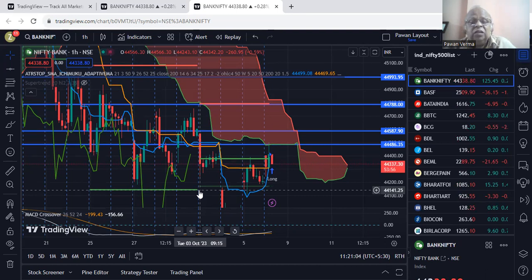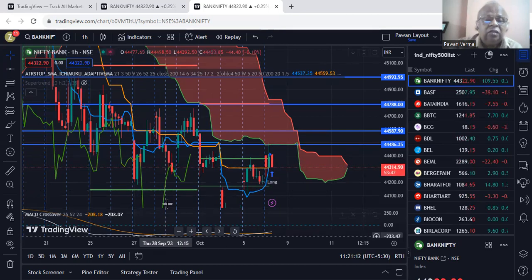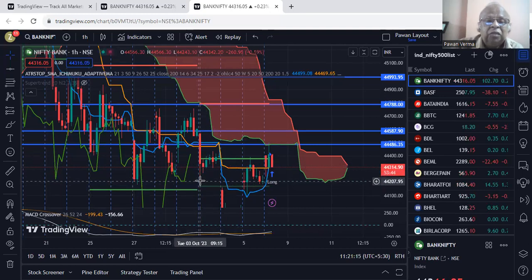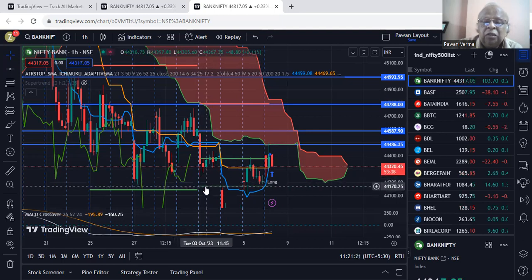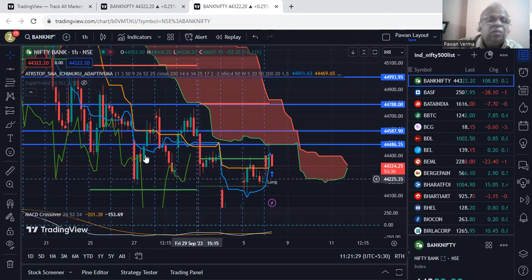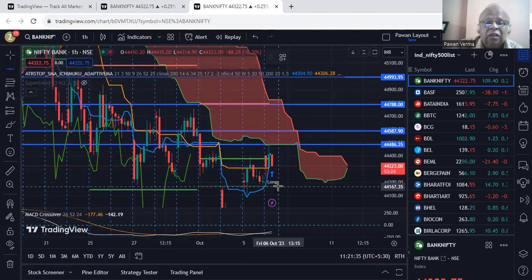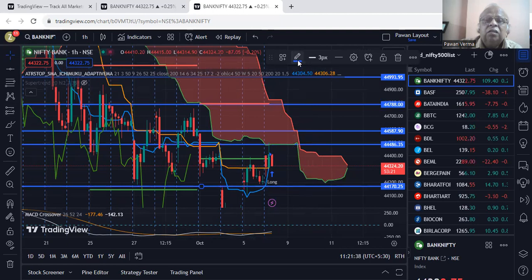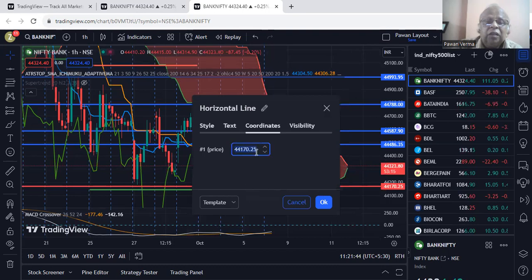So friends, all the points have been covered right now. No, the target has not been covered. See, the Chikou span bottom is observed at around 44,207, whereas the support level is at around 44,167 to 170. So the stop loss should be below 170, or 44,150, in case of Bank Nifty.